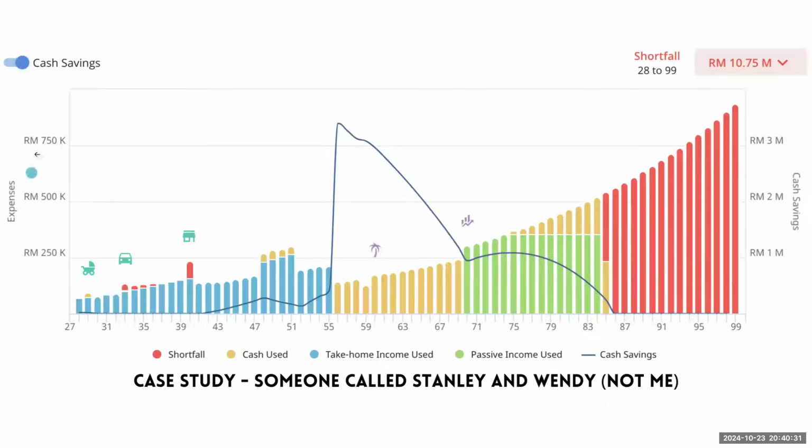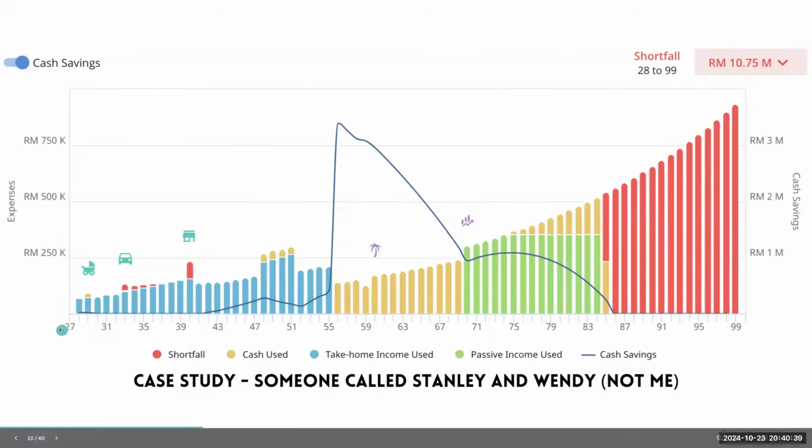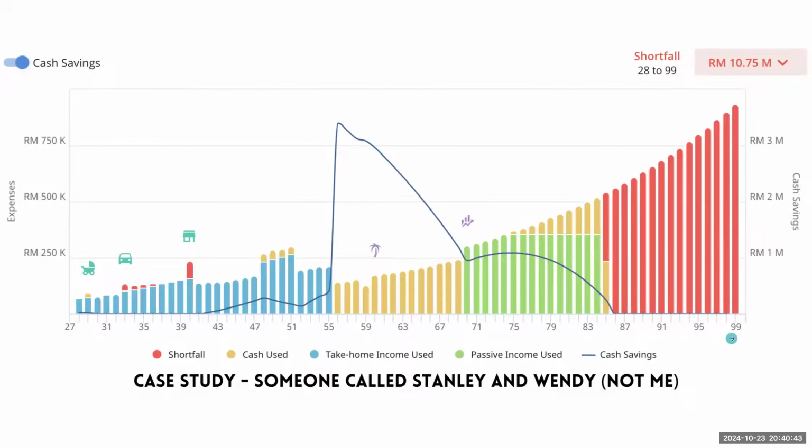And just a quick explanation of how you can view this live chart. At the bottom is the age of the person, all the way to 99 years, and you can expect a certain life expectancy of maybe 80 plus.